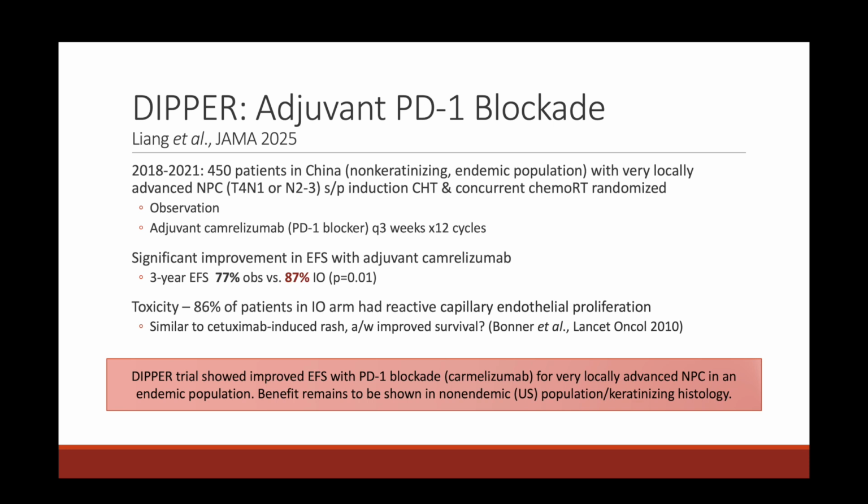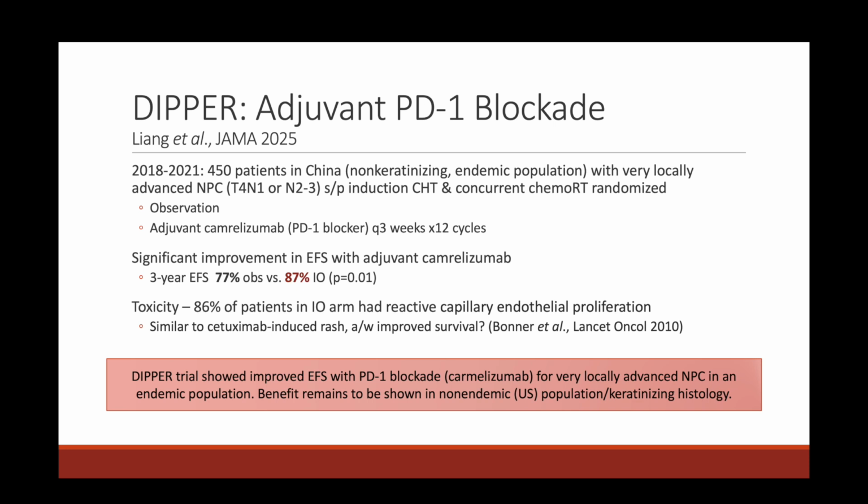These patients were randomized after induction chemo and concurrent chemoradiation to either observation, which is the current standard of care, versus adjuvant PD-1 blockade with a drug called chemoralizumab. I don't know if I'm pronouncing it correctly, but it's a PD-1 blocker, and they were given this drug every 3 weeks times 12 cycles.